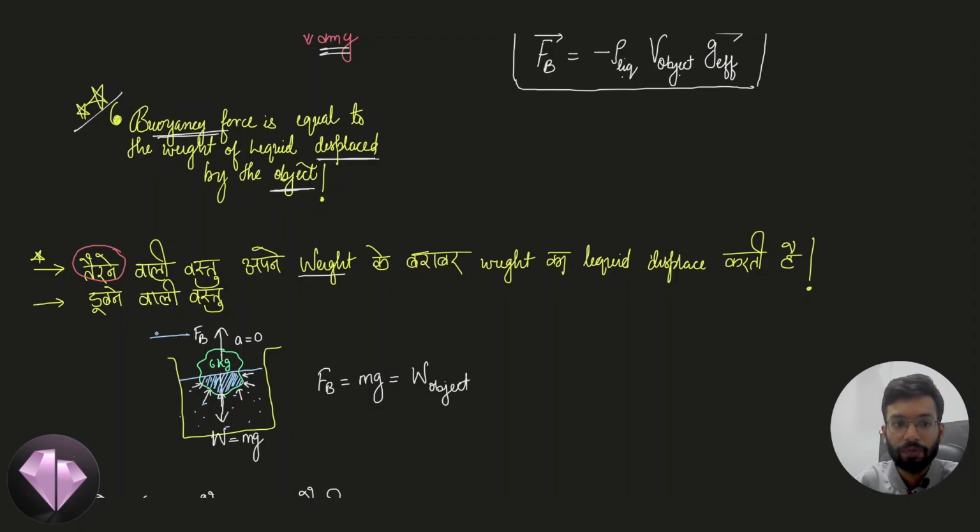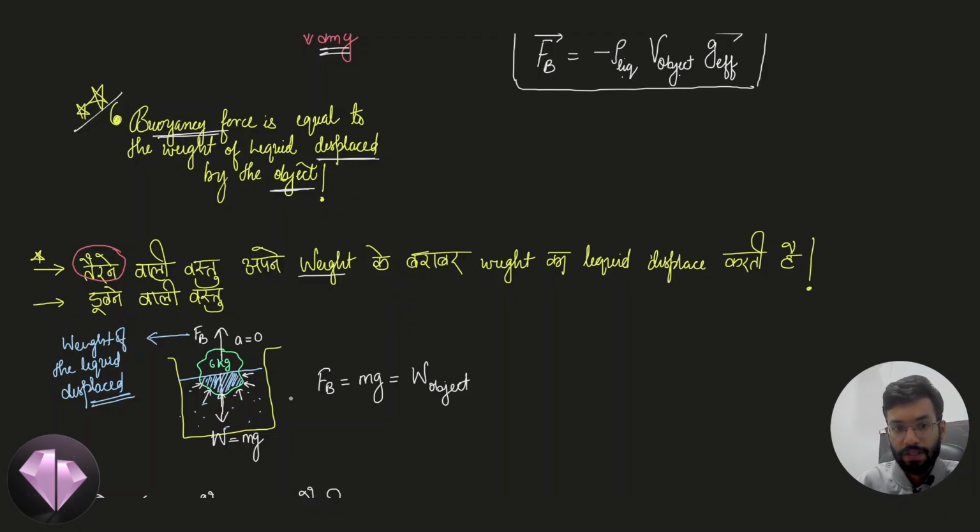What is Buoyant force? Buoyant force is equal to the weight of the liquid displaced. Correct? अभी हमने देखा था. So Fb is equal to weight of the liquid displaced, which is weight of this much of the liquid.